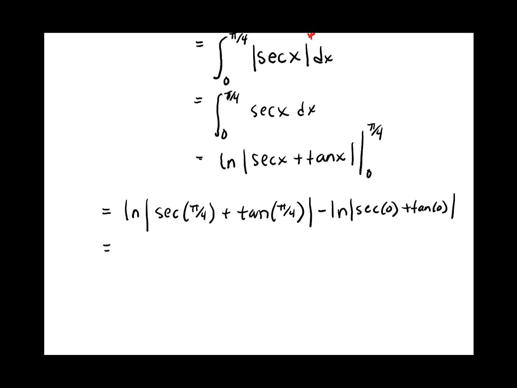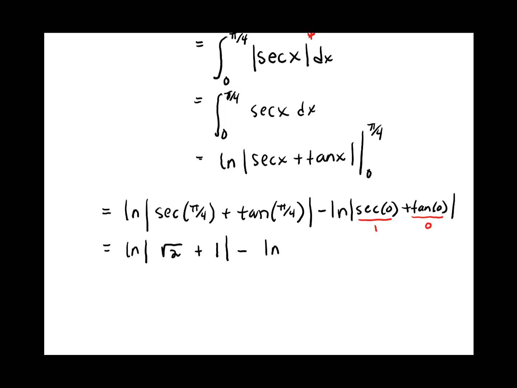And the secant of pi over 4 is just root 2, because the cosine would be root 2 over 2 or 1 over root 2. And so the secant is just root 2 plus the tangent of pi over 4 is 1, and minus, well, the natural log of this over here, the secant of 0 is 1, and the tangent of 0 is 0.